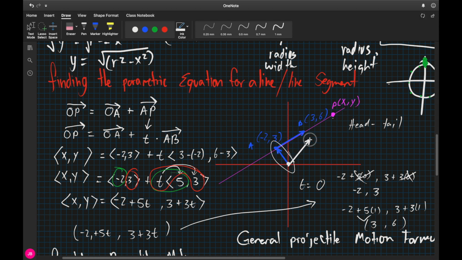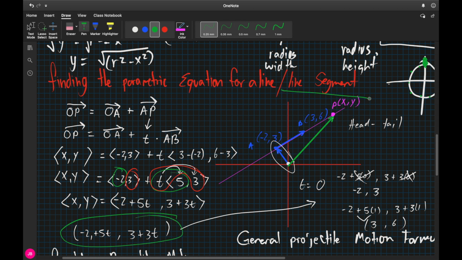And if I were to get 2 or 3 or 5, it doesn't really matter what point I plug in for t, they are all going to lead me to some point along this line. And so for that reason, this right here is the parametrization of this line.